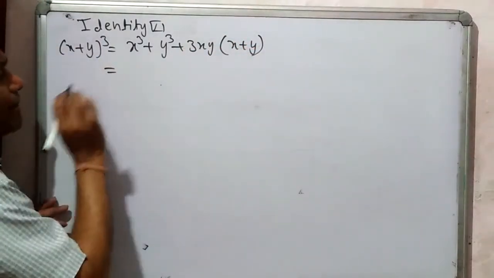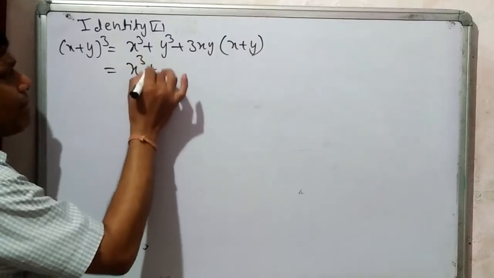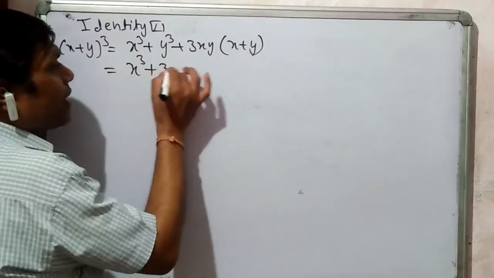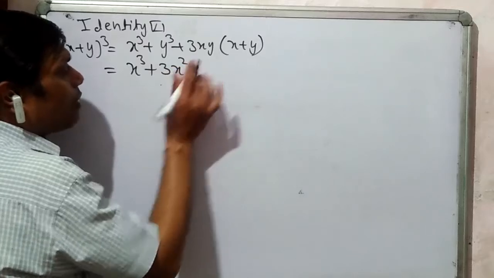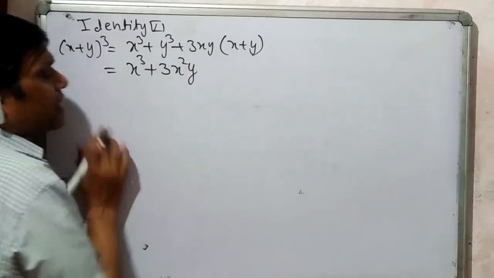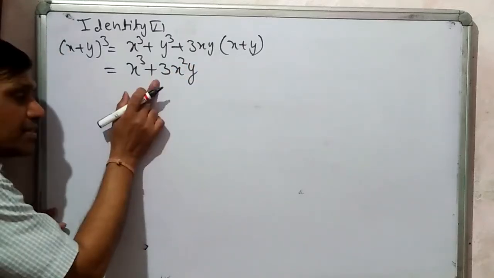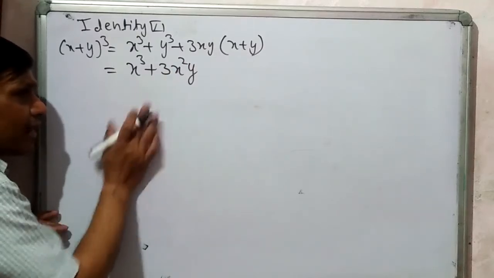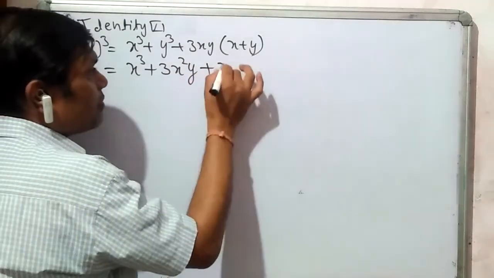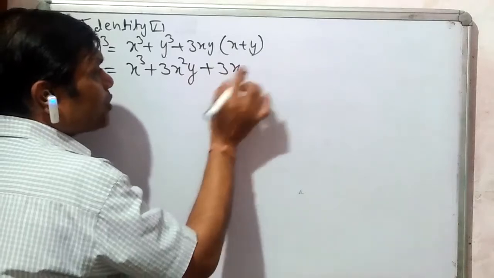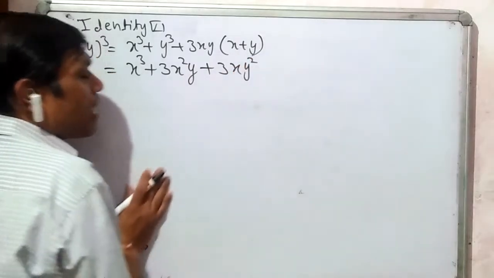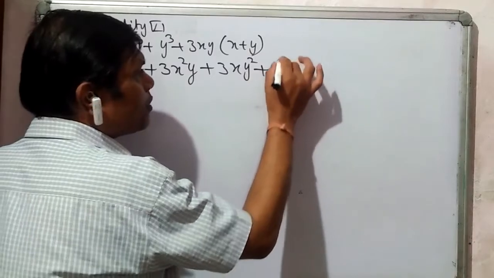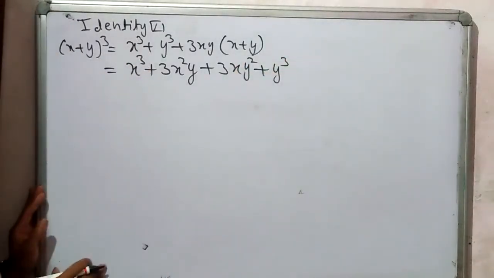The second form I am giving you is easier to remember. X cube, the cube of the first, plus 3 multiplied square of first multiplied with second term, thrice square of first term multiplied with second term, plus 3 multiplied with first term multiplied with the square of the second term, plus cube of the second term.